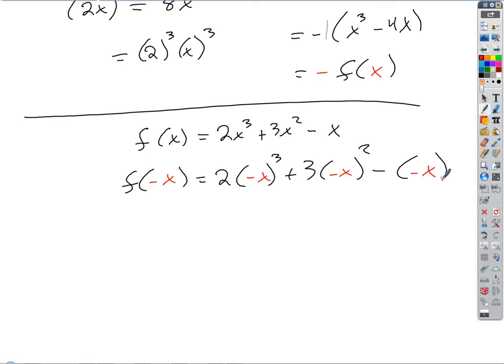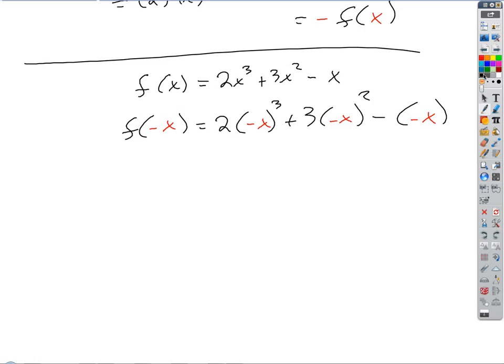Okay, so everybody agree? That's what we're going to do. We're going to simplify that and see what the result is when all the dust settles. What do we get? What's 2 times negative x cubed? Okay, we okay with that? How about 3 times negative x squared?